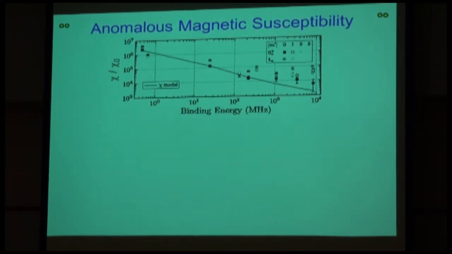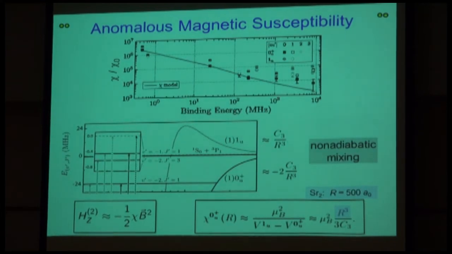Even though our colleagues have a very fancy ab initio model that gives these coefficients very accurately, I think it's nice to also understand intuitively with a simpler model what happens. So we explain this anomalous quadratic Zeeman effect by strong non-adiabatic mixing of the two potentials.